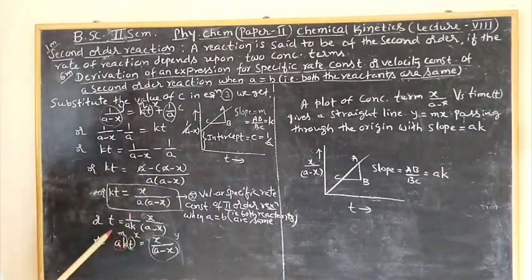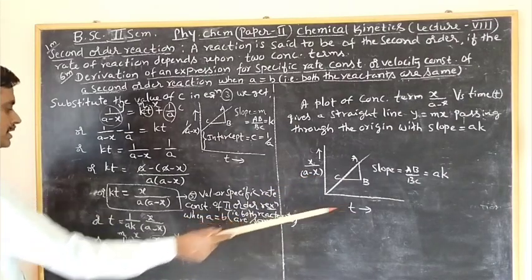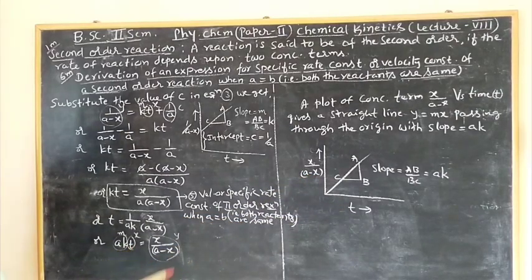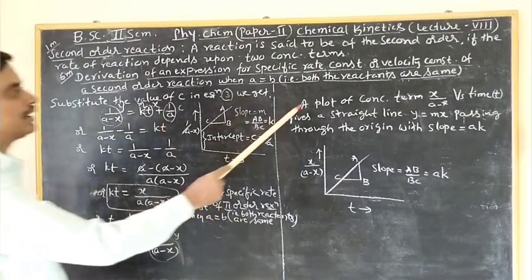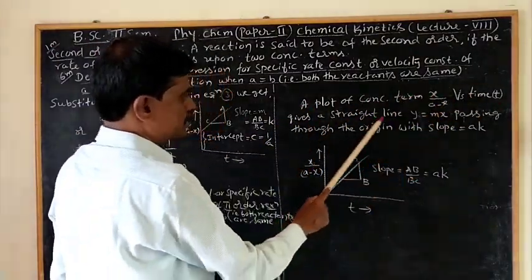Or we can simplify this: t = (1/Ak) × X/(A−X). I will take this Ak to the LHS, so it becomes A·k·t = X/(A−X). That means if you plot the graph with y-axis as X/(A−X) and x-axis as time t, we get a straight line, y = mx. A plot of the concentration term X/(A−X) versus time t gives a straight line.